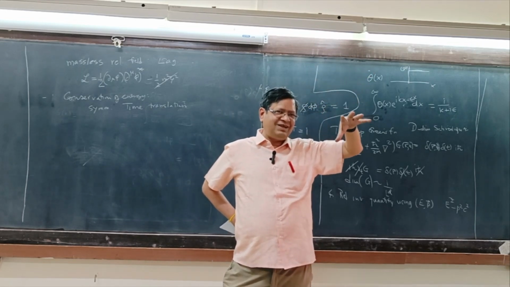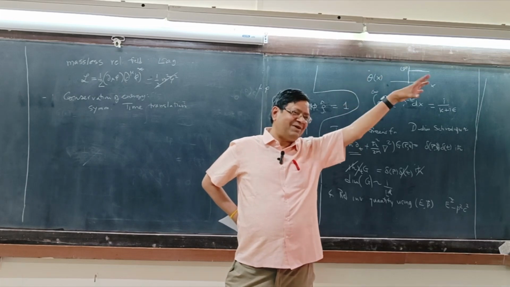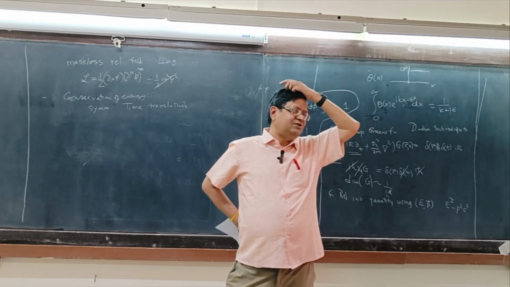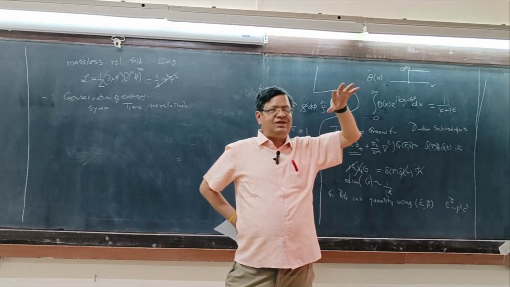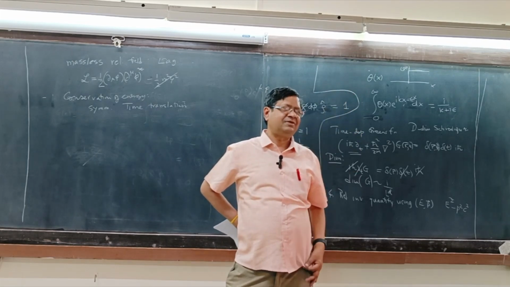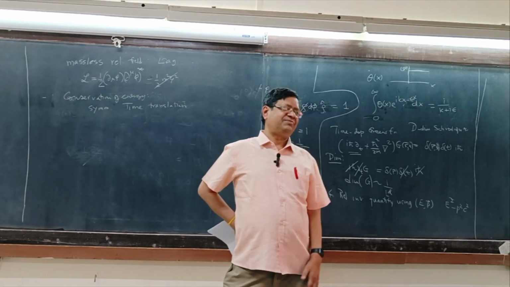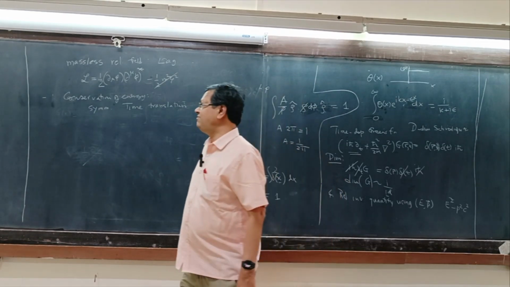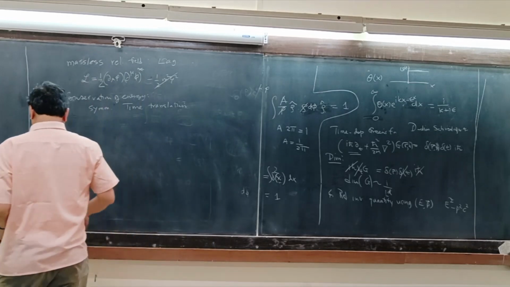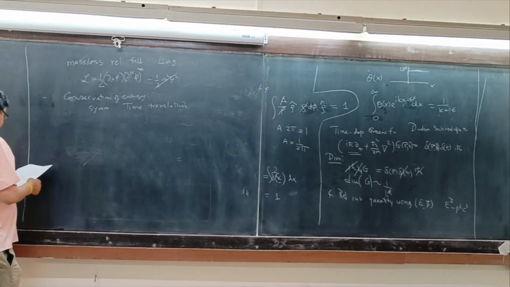So you have to take the full system, not only part of it. That's the important thing: the Lagrangian of the full system is invariant under time translation.